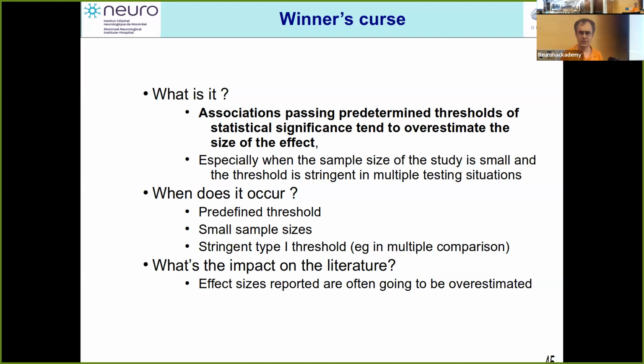So what is the Winner's curse? It is the fact that when there's an association that is passing a predefined threshold, for instance when we're doing a p-value, a statistical test, then the statistical effect tends to be overestimated.